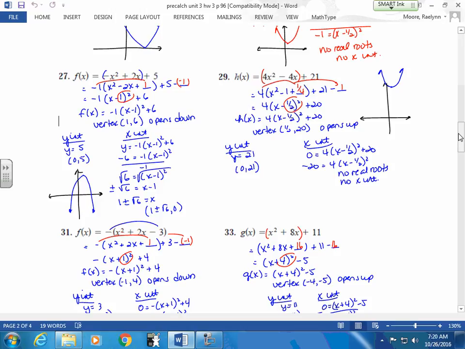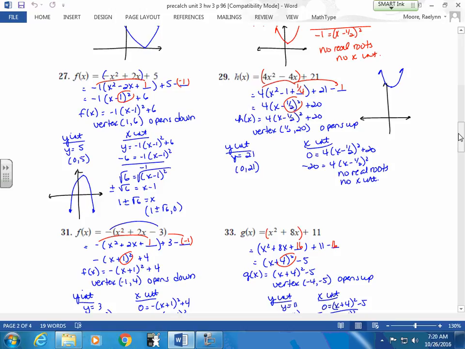The directions say graphs using vertex, intercepts, and sketch.